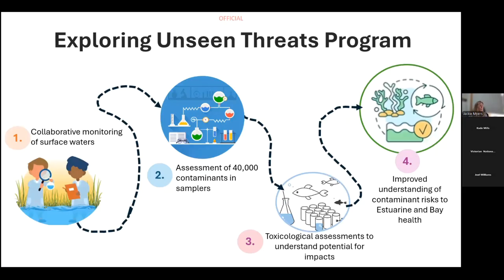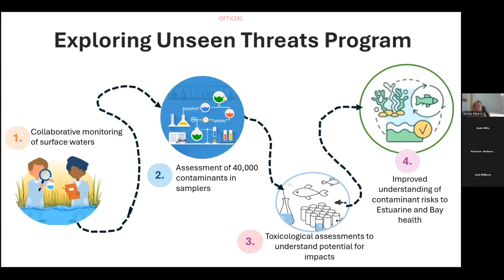And so that's where our Exploring Unseen Threat program comes in. This initiative focuses on monitoring surface waters for contaminants at multiple estuary sites across our 2 bays, and we're screening for over 40,000 contaminants.